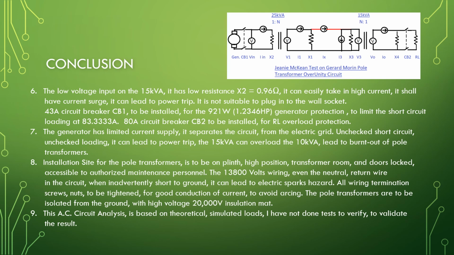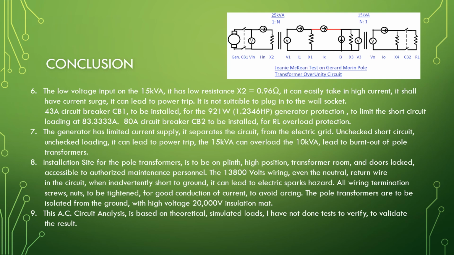The installation site of the pole transformers is to be on a plinth, high position, in a transformer room with the door locked, accessible to authorized maintenance personnel. The 13,800 volt wiring, even the neutral return wire in the circuit, when inadvertently shorted to ground, can lead to electric spark hazard.